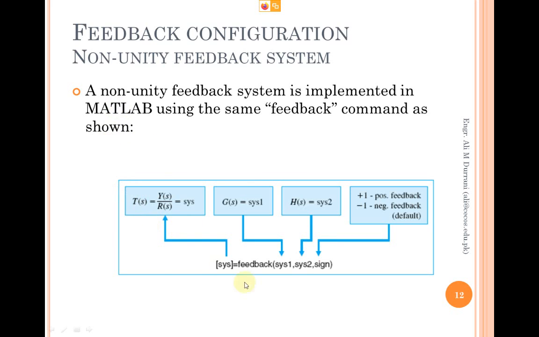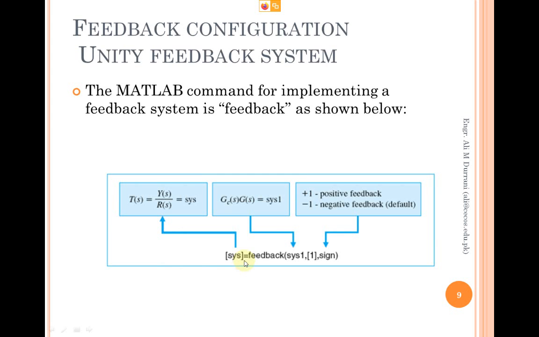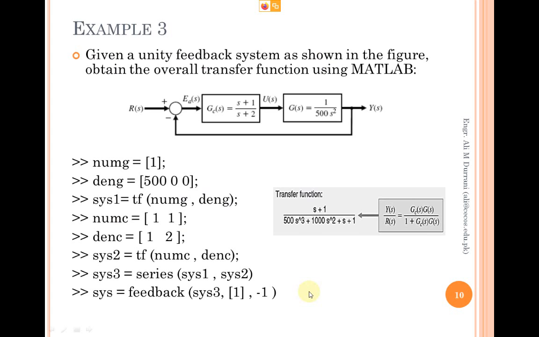So this is the command. First of all, we have a command of feedback, and then we have system1 and system2. Just like last time, in the last example, what we were having there was simply a system. If I can go all the way back, there was simply this command of feedback, system1, and then for the feedback we had 1 in square brackets.